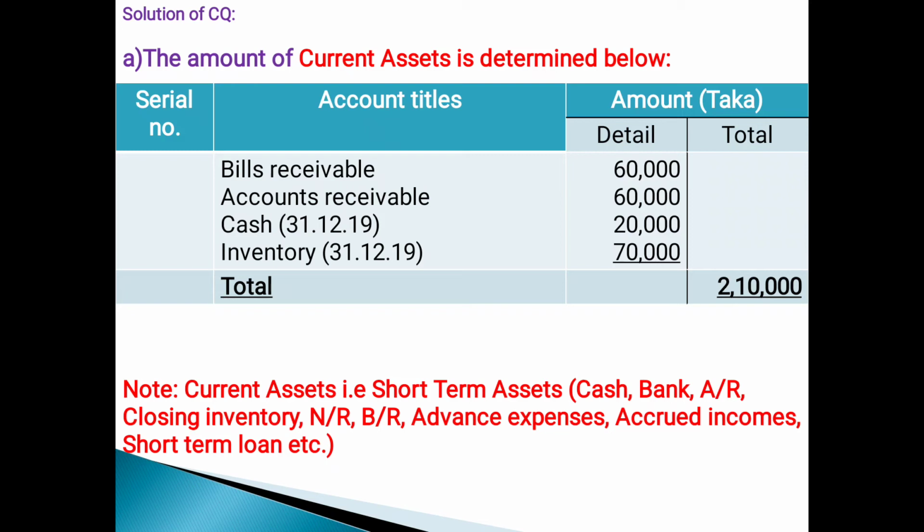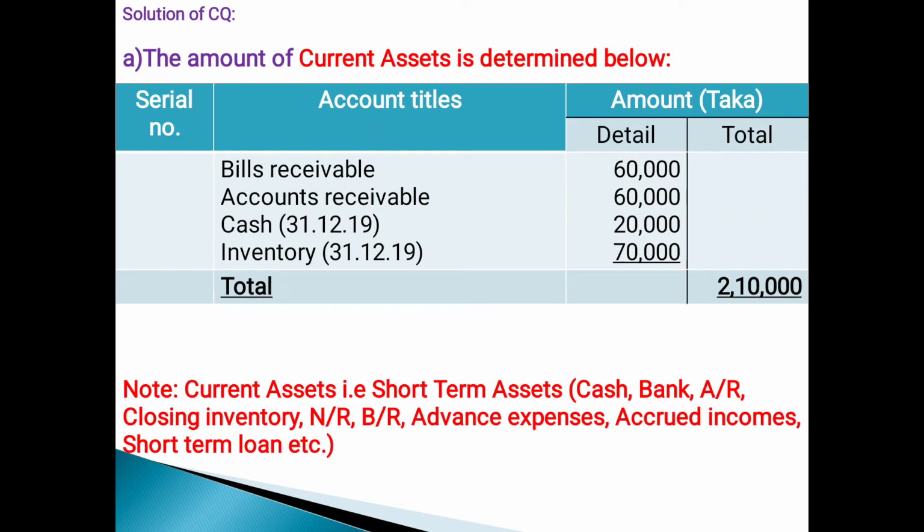I repeat again, current assets, that is closing cash balance, closing bank balance, accounts receivable, closing inventory, notes receivable, bills receivable, advance expenses, accrued incomes, short-term loan, etc.